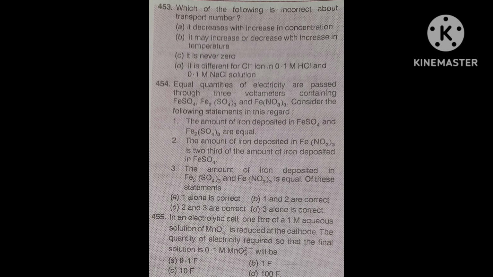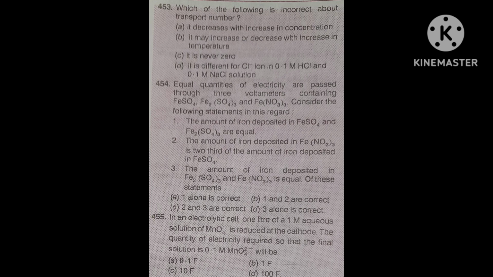Now the next question I am telling you. Question number 454. Equal quantities of electricity are passed through 3 voltameters containing FeSO4, Fe2(SO4)3, and the third one is Fe(NO3)3. Consider the following statements in this regard.